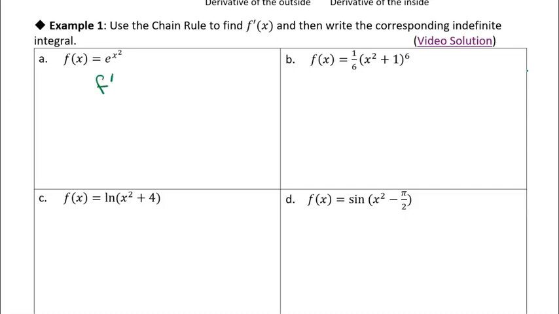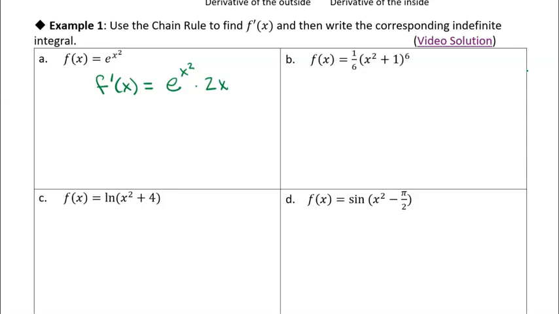If we use the chain rule, we can find that f prime of x is e to the x squared, and then we take the derivative of that inside function, right? The derivative of x squared is 2x. All right, so there's the derivative using the chain rule.